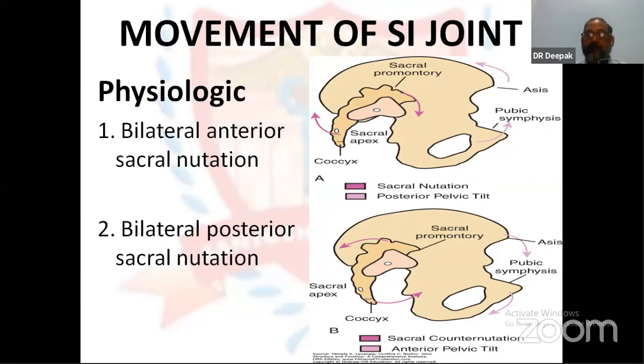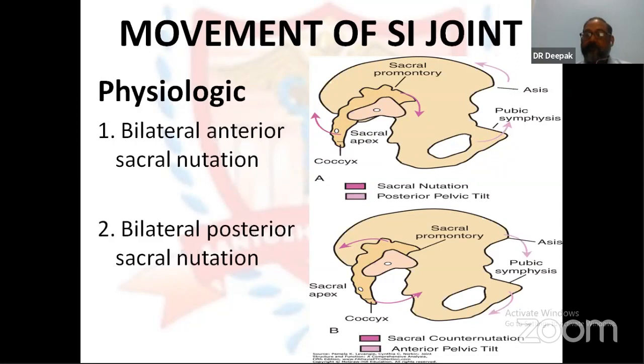That means the base of the sacrum is going anteriorly and the apex of the sacrum is going posteriorly. In that, the pelvis is going posteriorly. So if bilateral anterior sacral nutation is there, then there is a posterior pelvic tilt.